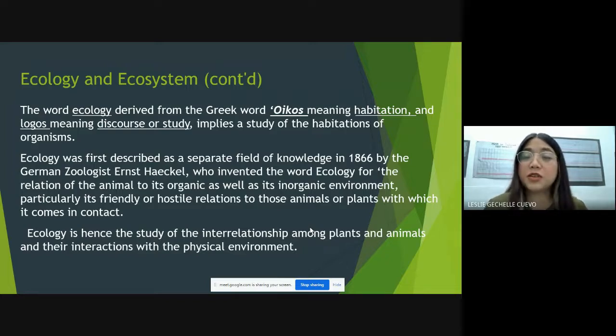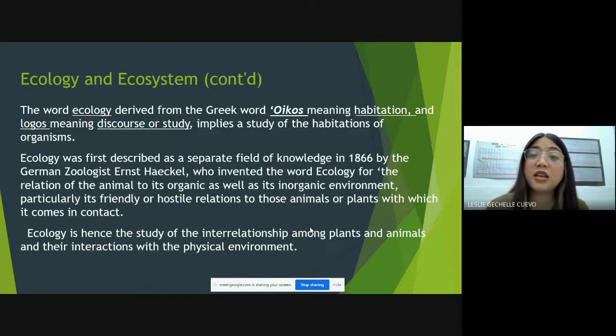So ecology was first described as a separate field of knowledge in 1866 by the German zoologist. When we say zoologist, one who studies zoology or yung science of animals, Ernst Haeckel, who invented the word ecology for the relation of the animal to its organic as well as its inorganic environment, particularly its friendly or hostile relations to those animals or plants with which it comes in contact.